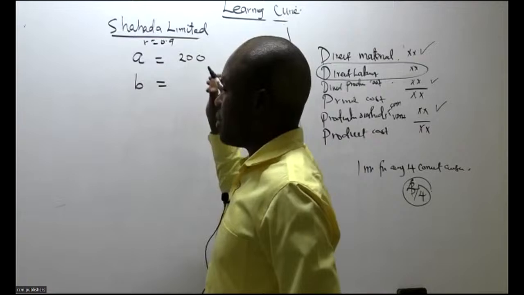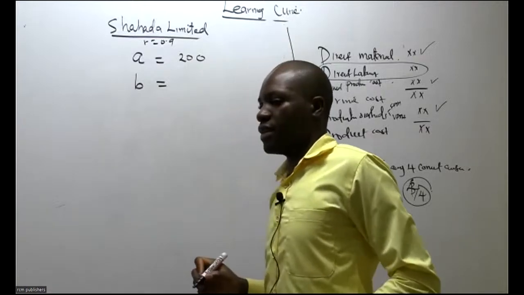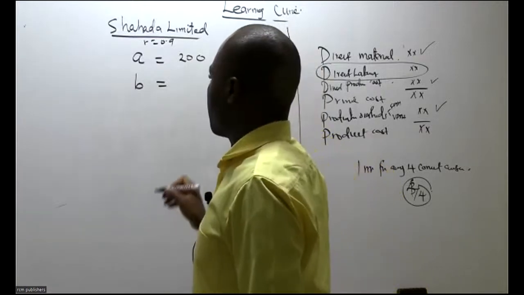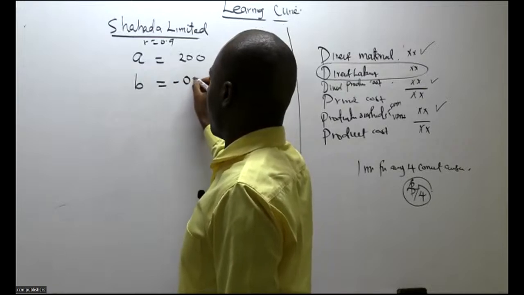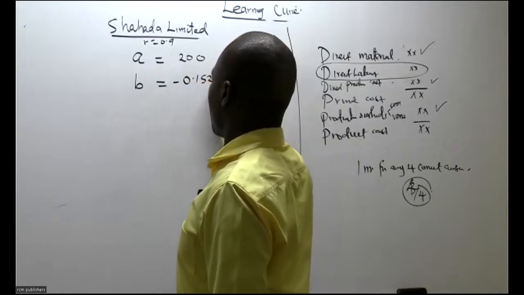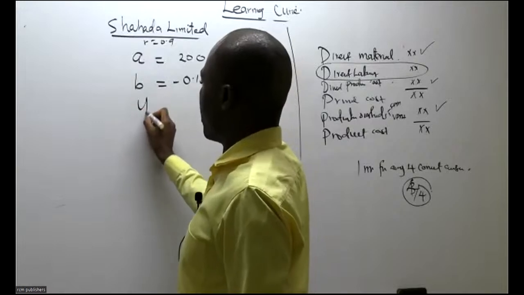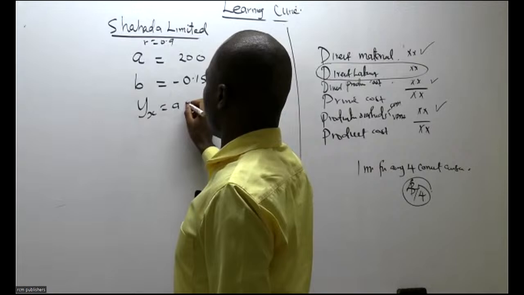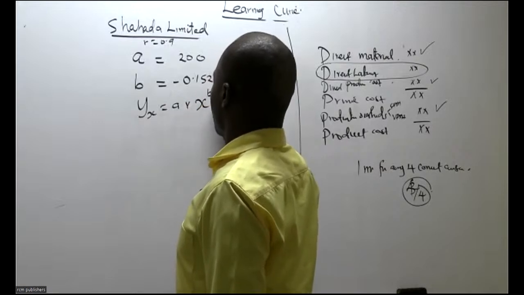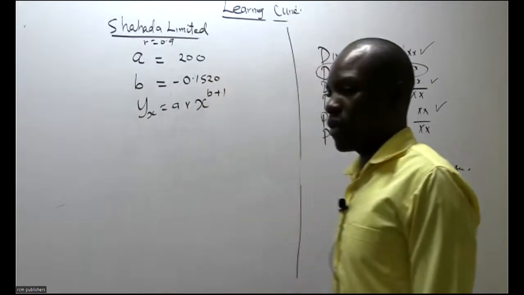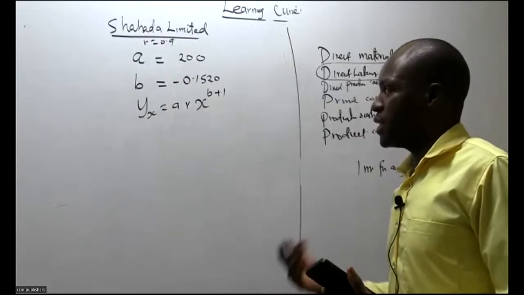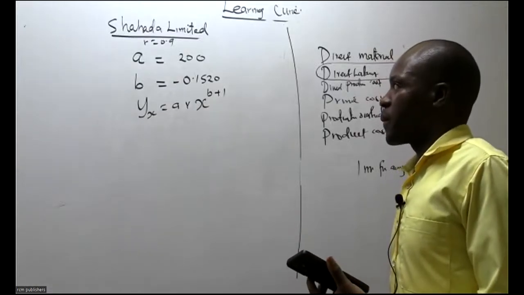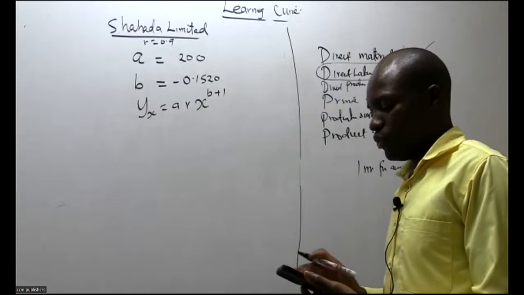Log R divided by log 2 is giving us negative 0.1520. And we know that Y, X is equal to A multiplied by X raised to power B plus 1. So that one we know very well. Let's now go to the question and identify what the examiner wants us to do.